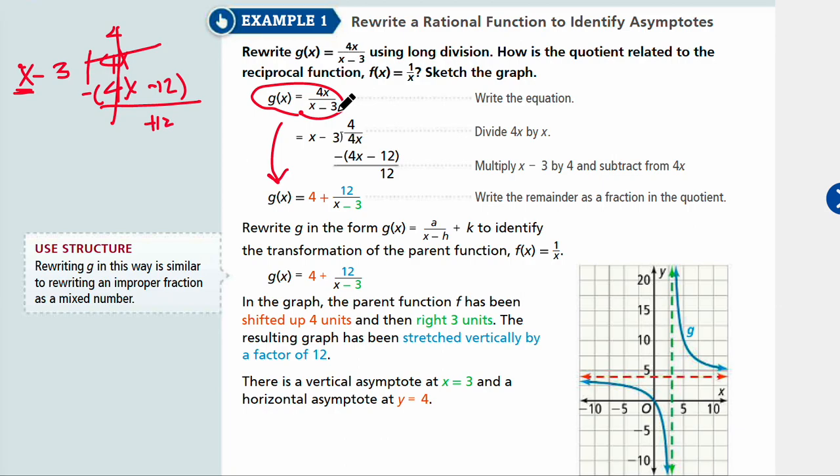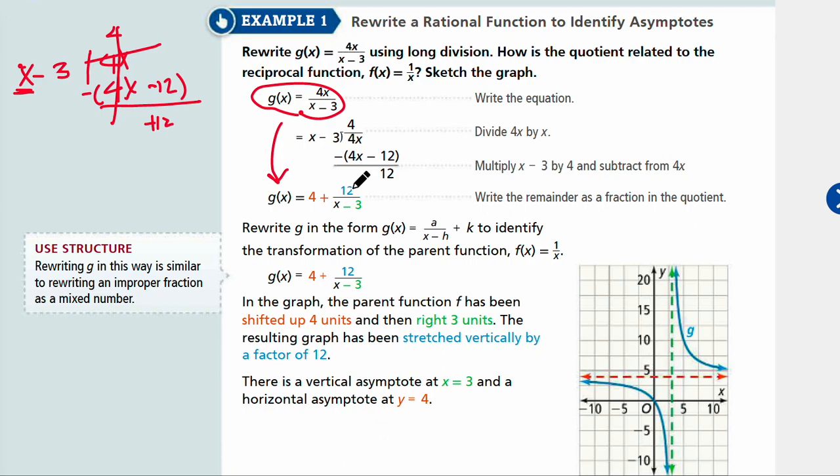If you remember transformations, we have talked about h and k, but now we have a. This will be a vertical stretch or compression, right? In this case, your a is positive 12.